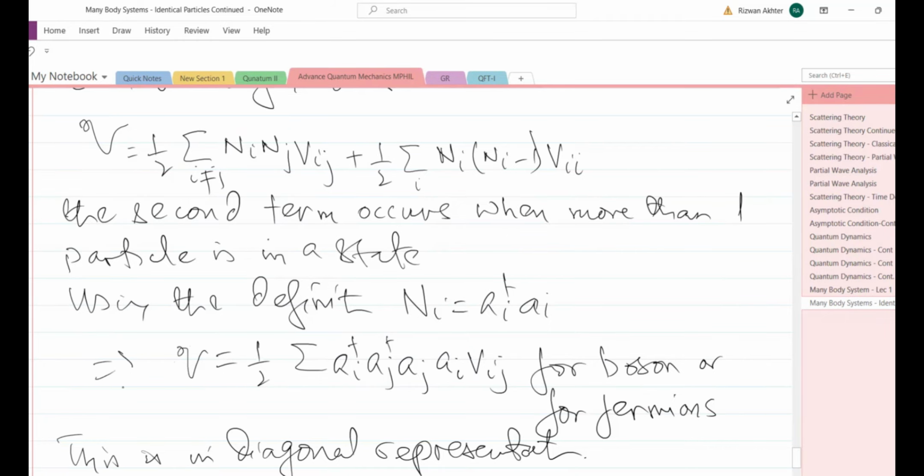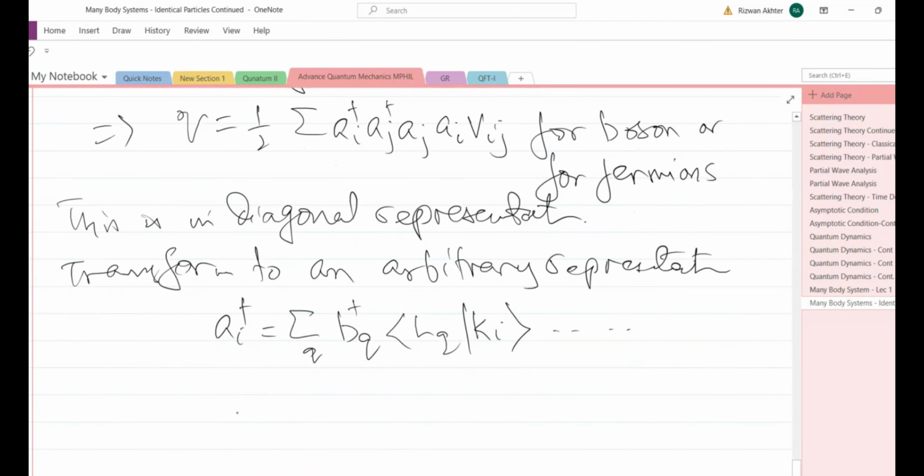So we could write it as half, summation over ij, summation over q, r, s and t, because we change it for different states.